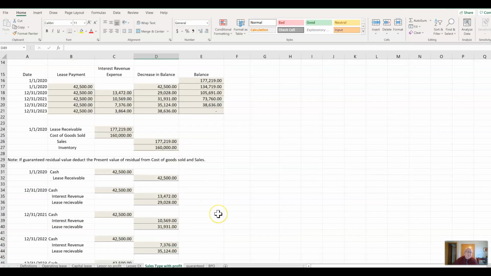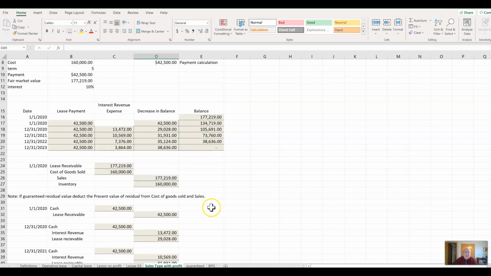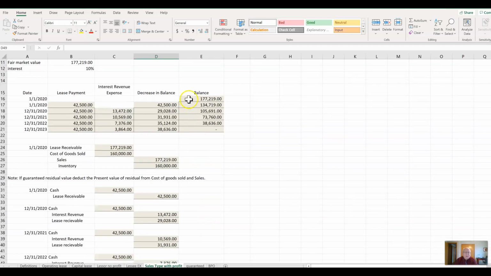Now you notice we don't have any depreciation on this because this is a sale, and just like all capital leases, it's handled as if you sold, so the lessor would be the one to take the depreciation on it. And what we would have here, the lessor would do the same entries they did before with the balance of $177,219 because that's the present value of the lease payments.